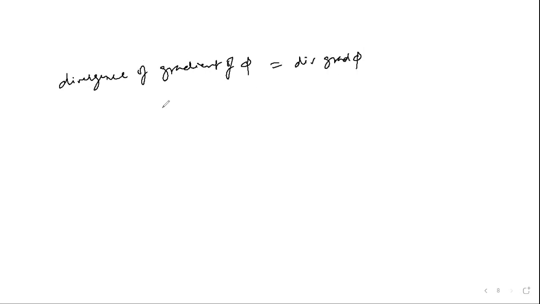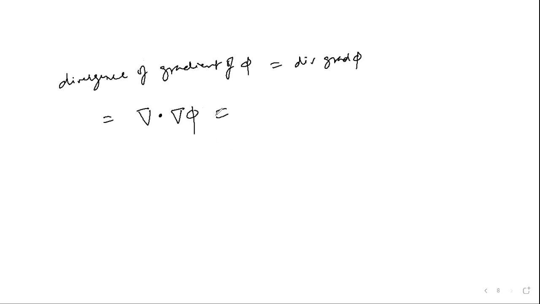So what can I do? I can take the divergence of gradient of phi. I can write divergence of grad phi, and that will be del dot grad phi, right?